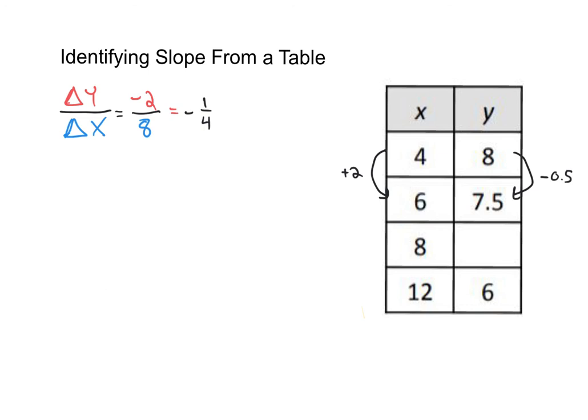So I could write that as a change of -0.5 divided by 2, which also simplifies to -1/4 or -0.25 if you prefer your decimals. So there's our slope.